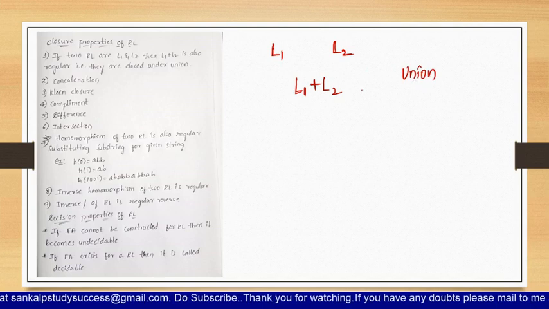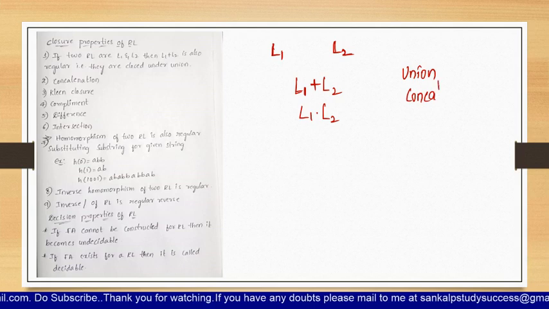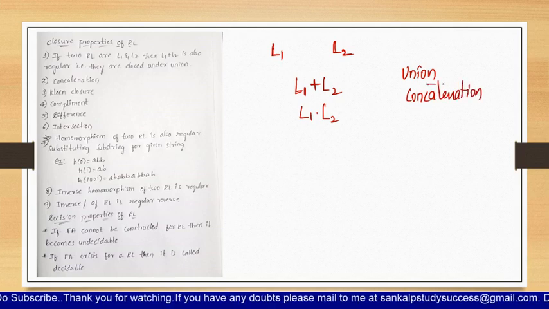The second one is concatenation. That means L1 into L2 is also a regular language. That means they are closed under concatenation. And the next one is Kleene closure. Kleene closure is nothing but if L1 is a regular language, then L1 asterisk will also become a regular language.